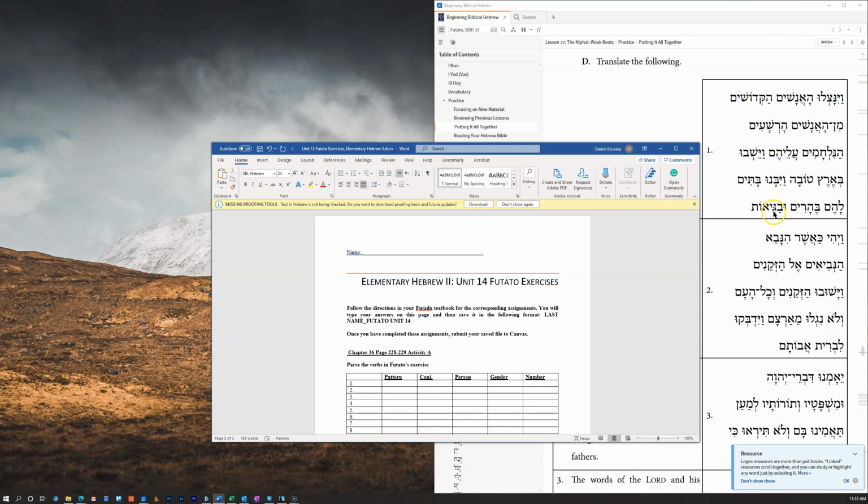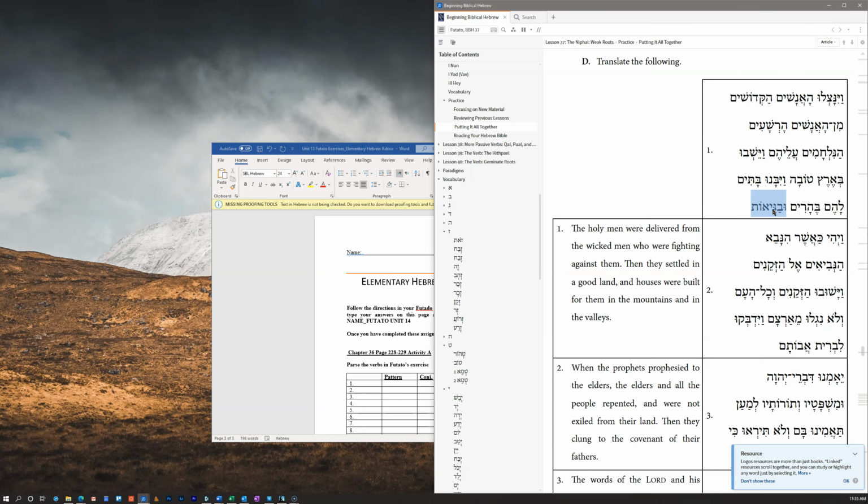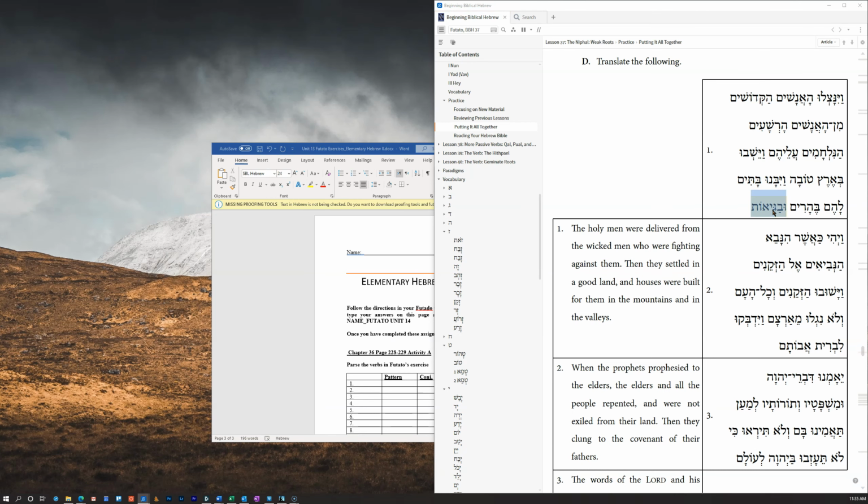And in the... it's got to be Gimel Yod Aleph. I do not know what that word means. Guys, I really need to review my vocabulary here.